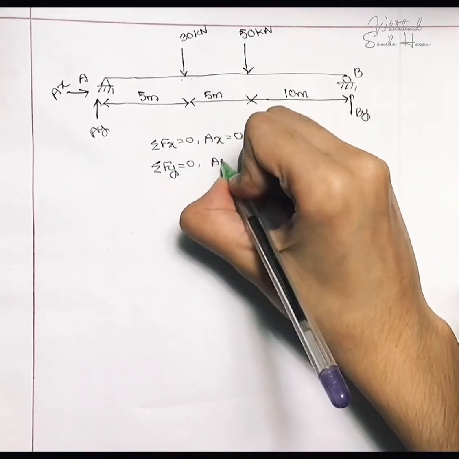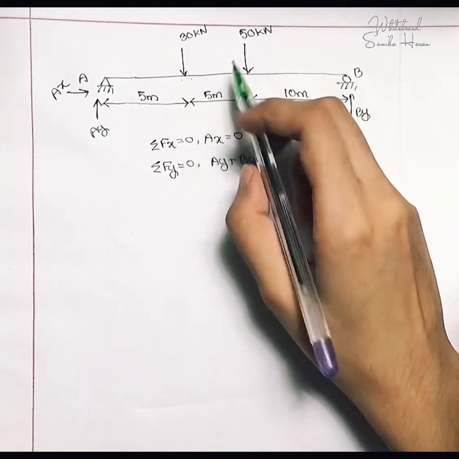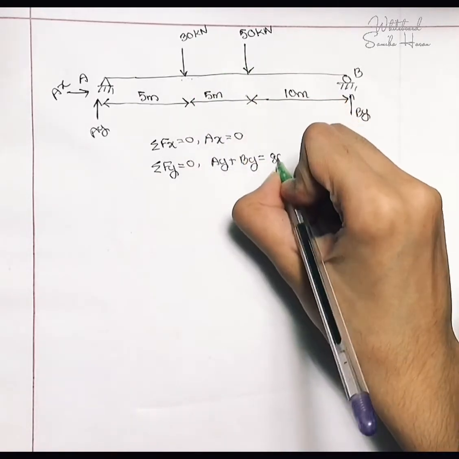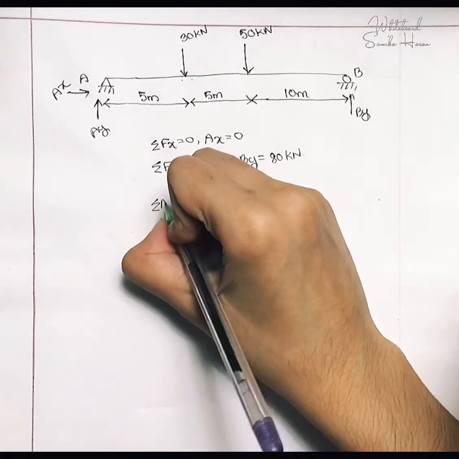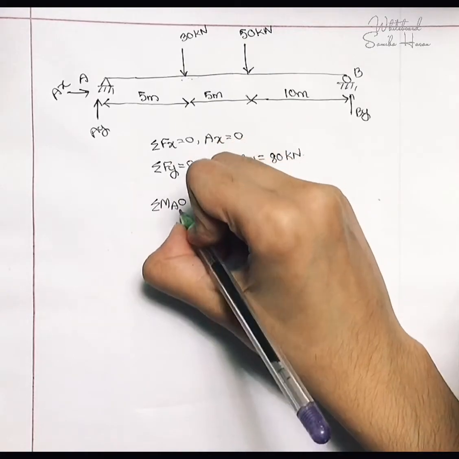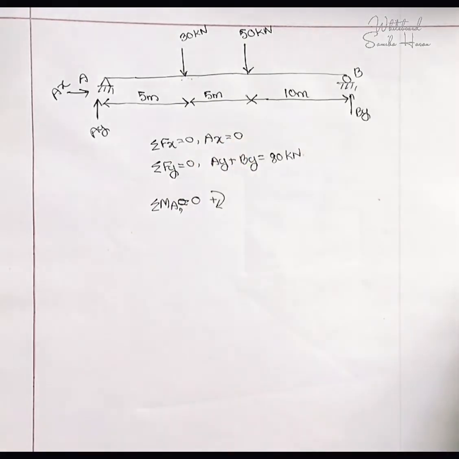So Ay plus By is equal to 50 plus 30, which is 80 kilonewton, and summation of moment at A is equal to 0, with clockwise direction positive.